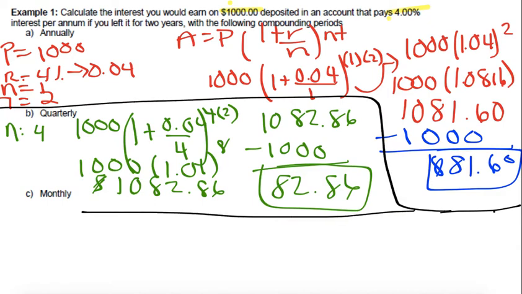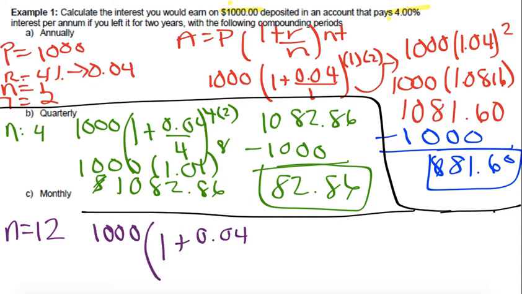Now for our last one, N has changed to monthly, so N is going to equal 12. Everything else is the same, so I have $1,000 times (1 plus 0.04 over 12) to the power of 12 times 2. That gives $1,000 times 1.0033 to the power of 24.